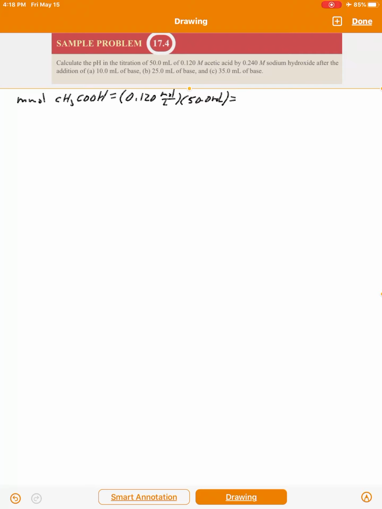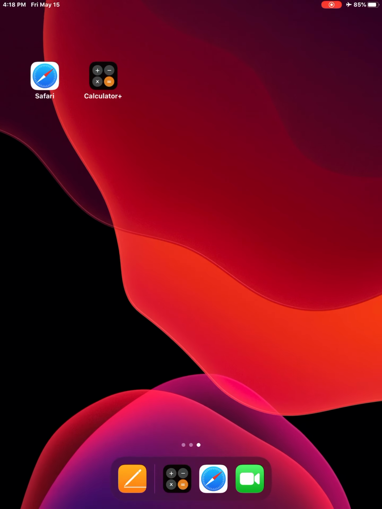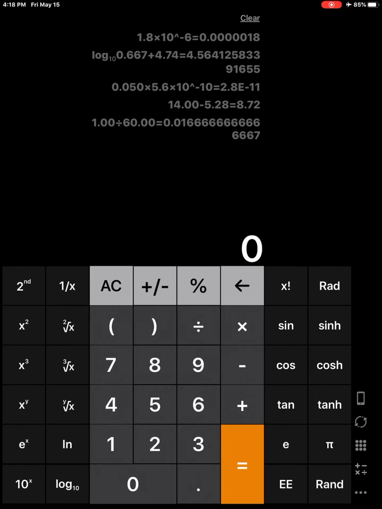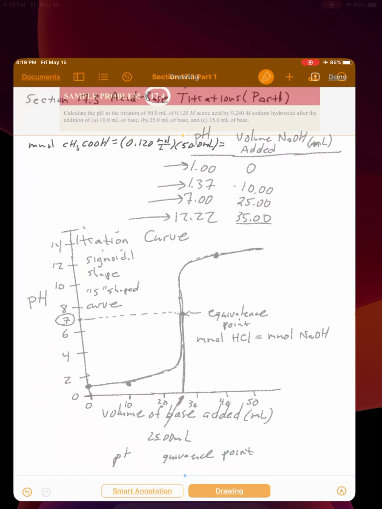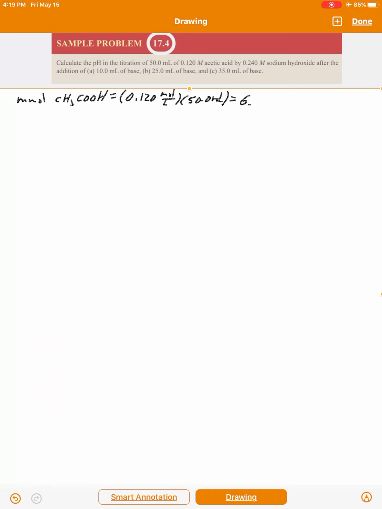Okay, so that looks like it's somewhere around 6. Let's try it. 0.12 times 50. Yeah, 6 millimoles. Okay, so we have the number of millimoles of acetic acid.